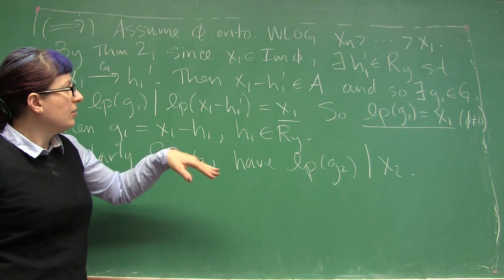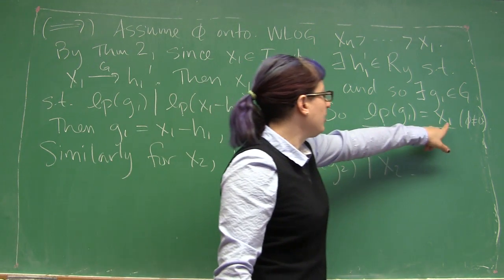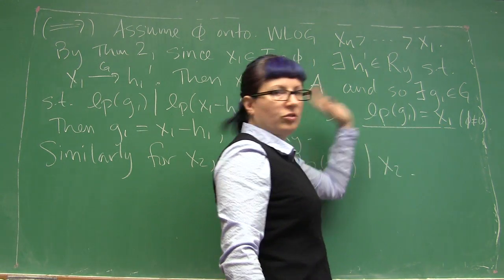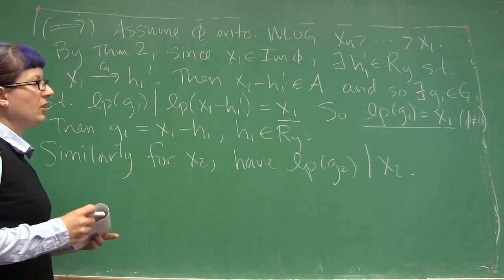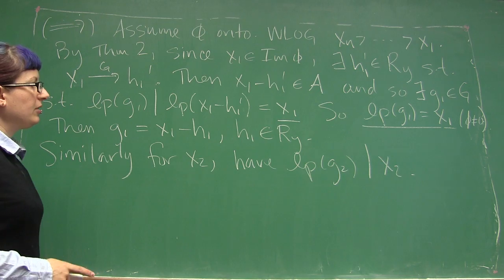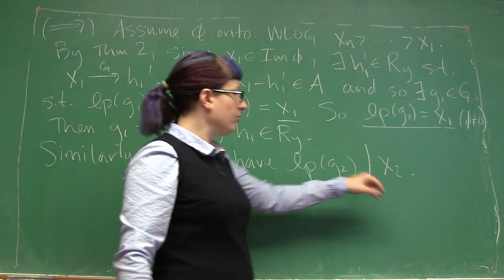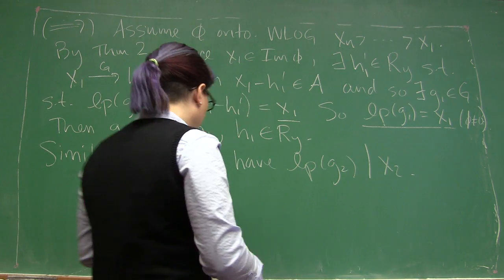If they did, because the leading power product of g1 is actually x1 itself, those could all be reduced out. And since we're assuming our Grobner basis G is reduced, that's impossible. So that means that only y variables could exist besides our initial x2.